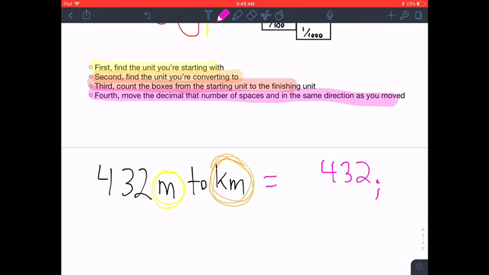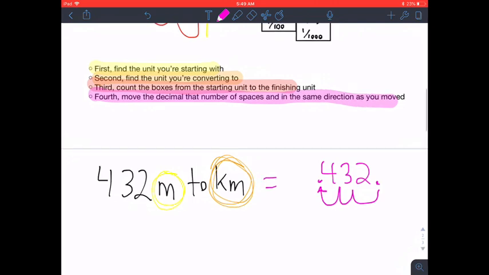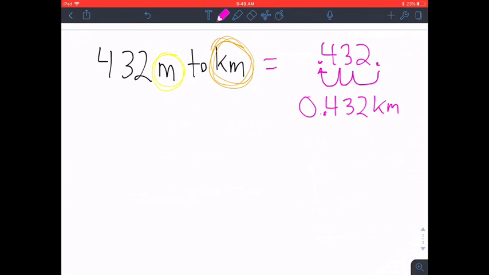Decimal. 1, 2, 3. There's my new decimal. And so my answer is 0.432 kilometers.